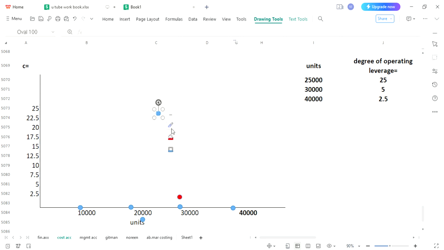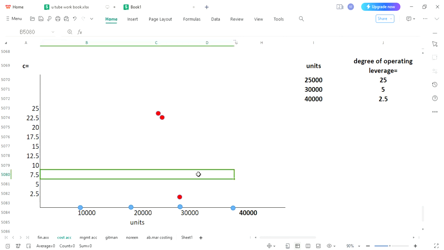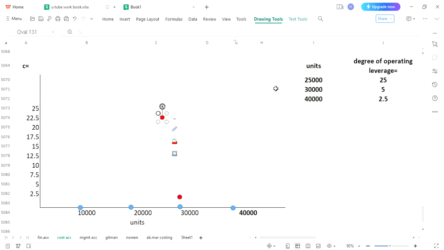And third point would also be changed, and this blue color is not needed. For the third point, what we need is 40,000 and 2.5. 40,000 here and 2.5 would be just like over here.